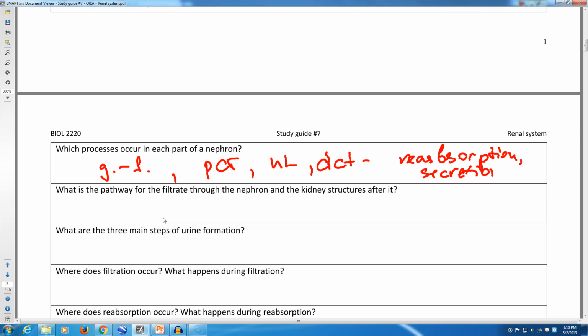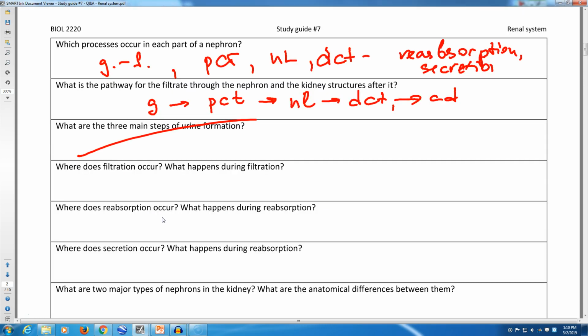Pathway of filtrate: glomerulus, proximal convoluted tubule, nephron loop, distal convoluted tubule, collecting duct. Three main steps: filtration, reabsorption, secretion. Filtration occurs in the glomerulus.